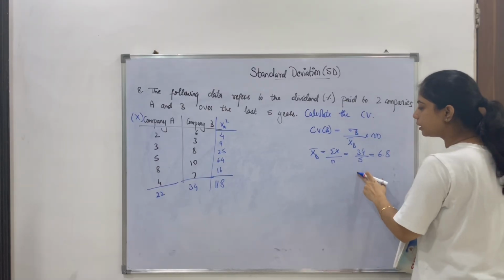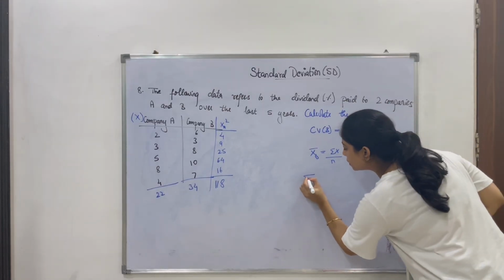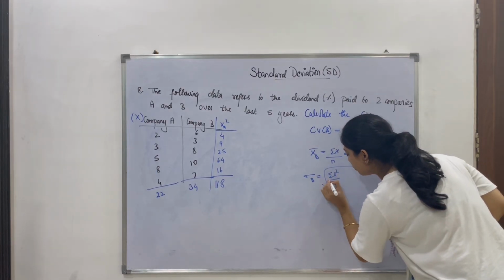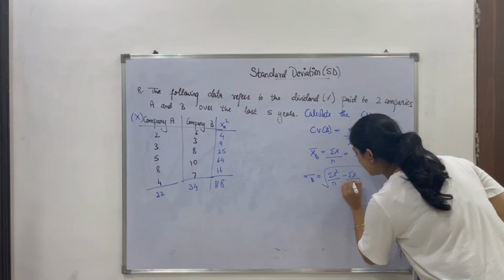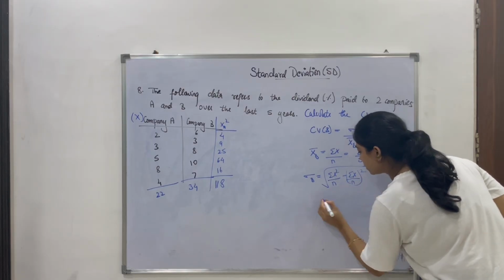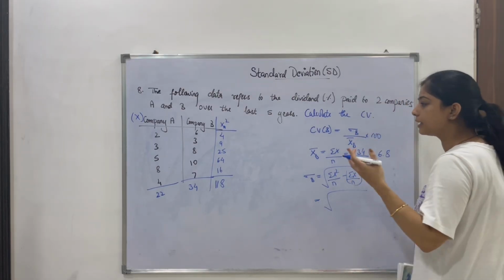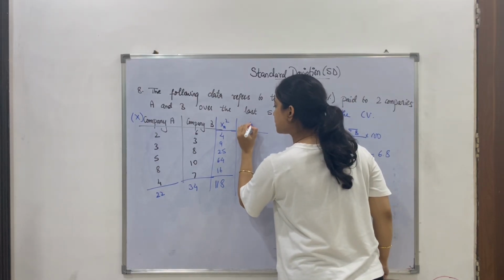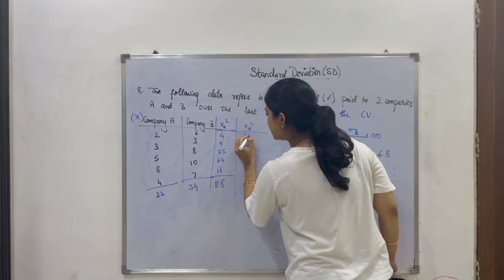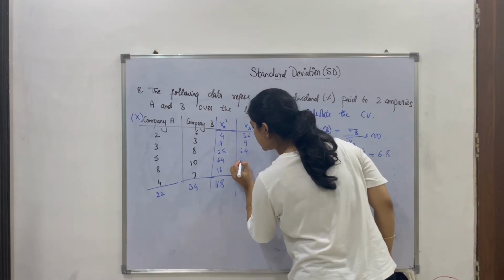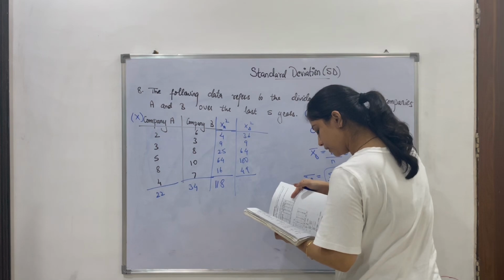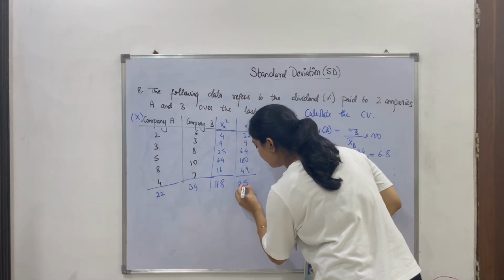Now we have already got the mean. Let us calculate the standard deviation. Now standard deviation, again the same formula, summation x square upon n minus summation x by n the whole square. For this again we need to calculate the x square column for company B. X square B: 36, 9, 64, 49, and the total of this is 258.